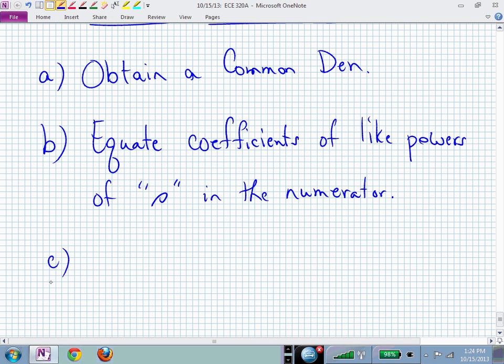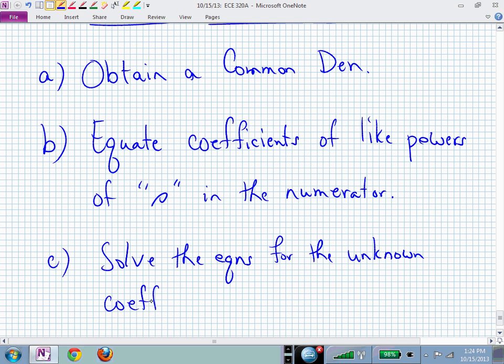And that will give us m equations in m unknowns, and we can then solve that. Solve the equations for the unknown coefficients.